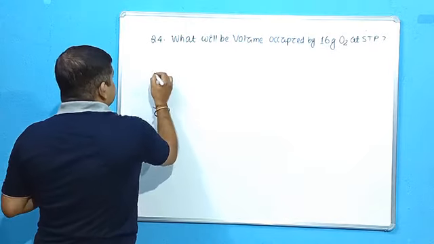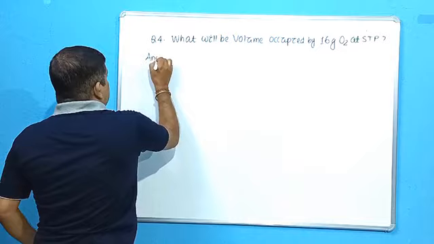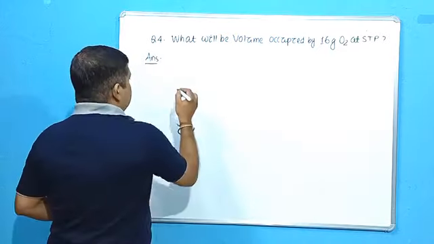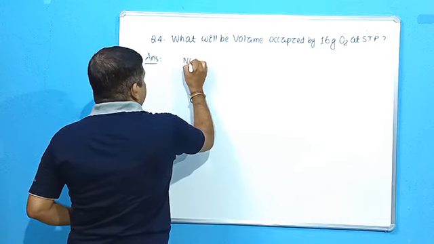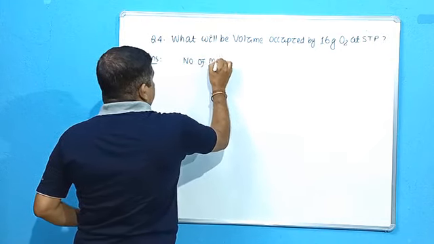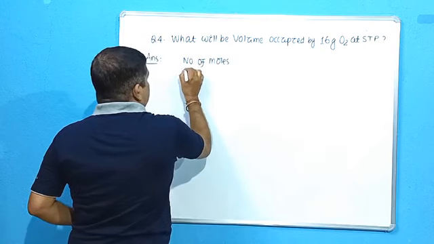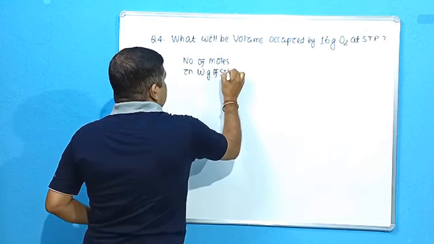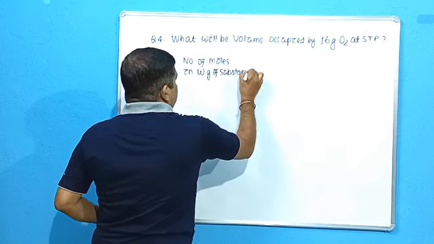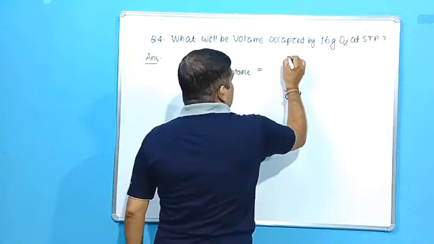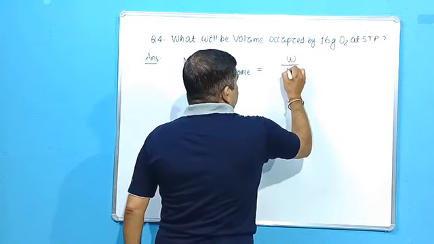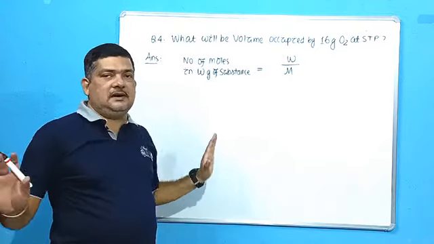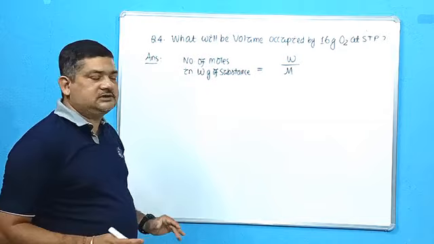So again, solution: you can go by the method I told you in the last class, or you can devise your own formula. Number of moles in W gram of substance: the formula is, given mass in grams, W by molar mass. You have to remember this formula. Mass given, divided by molar mass, will give you the number of moles.